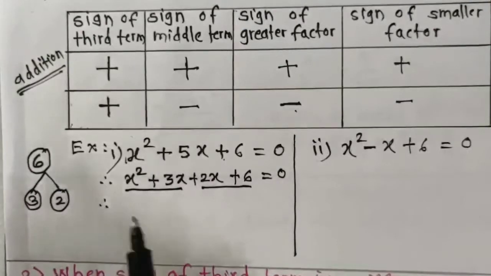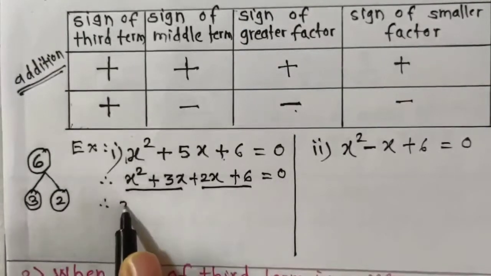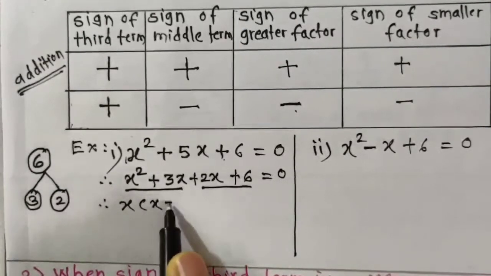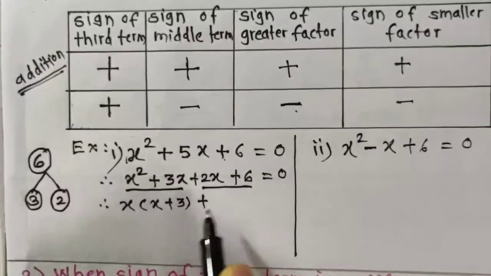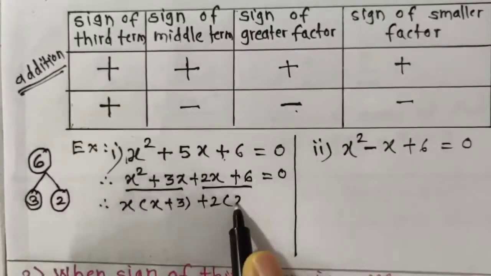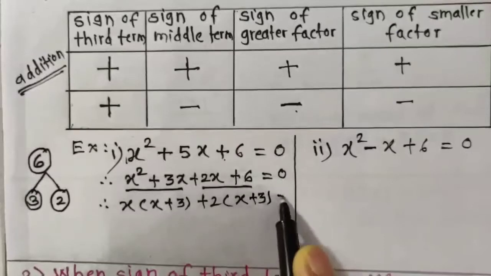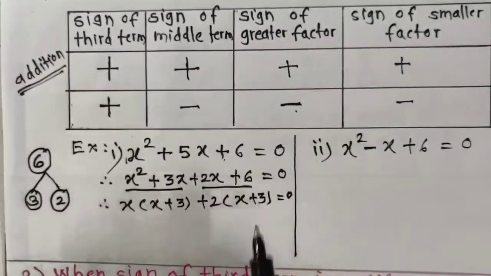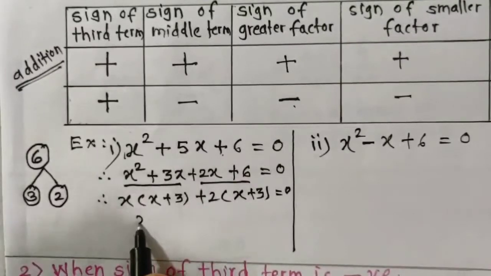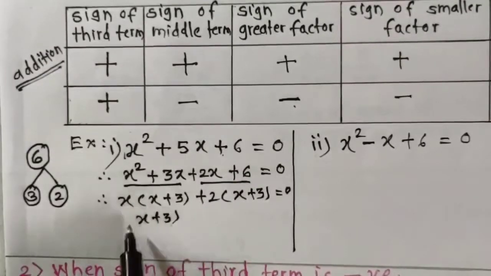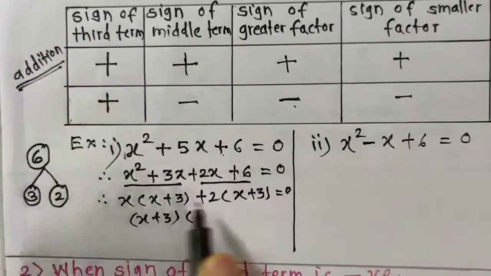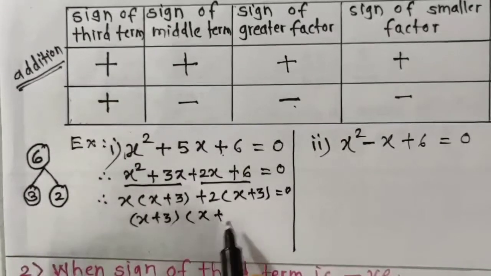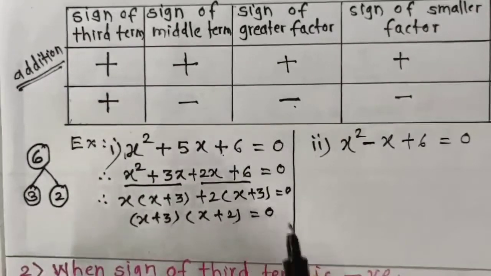Find the common factor from the first group. What is the common factor? x into bracket x plus 3, plus here 2 is the common factor, x plus 3. So we get a common factor from both the terms. The common factor is x plus 3. So this is one of the factors, and the remaining terms outside the bracket, the product, is equal to 0.